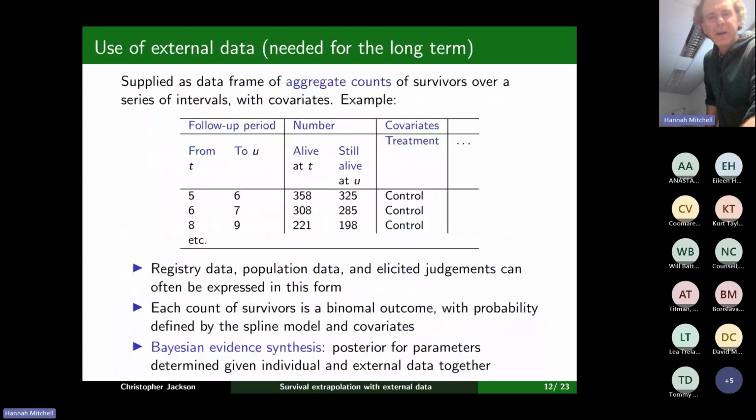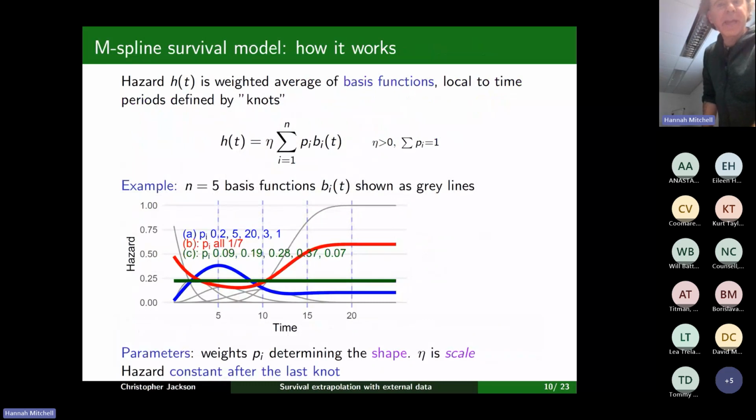And flick back. Sorry about all this flicking, but I wanted to explain how you relax the proportional hazards assumption. And that's essentially by expressing these extra shape parameters, pi, as functions of covariates too. There is a slightly involved model for doing that, involving a kind of hierarchical shrinkage thing. But the idea behind the package is that you can estimate the extent of non-proportionality you need from the data itself.